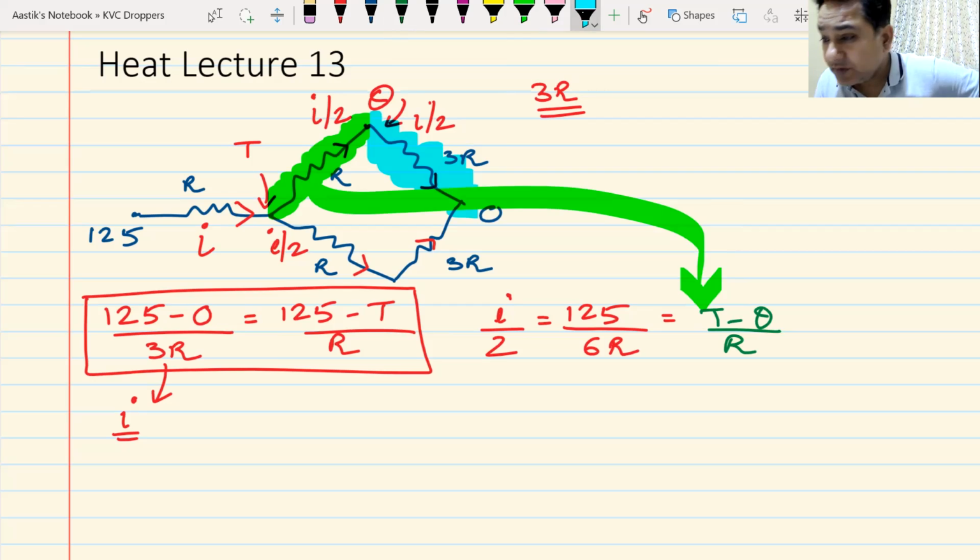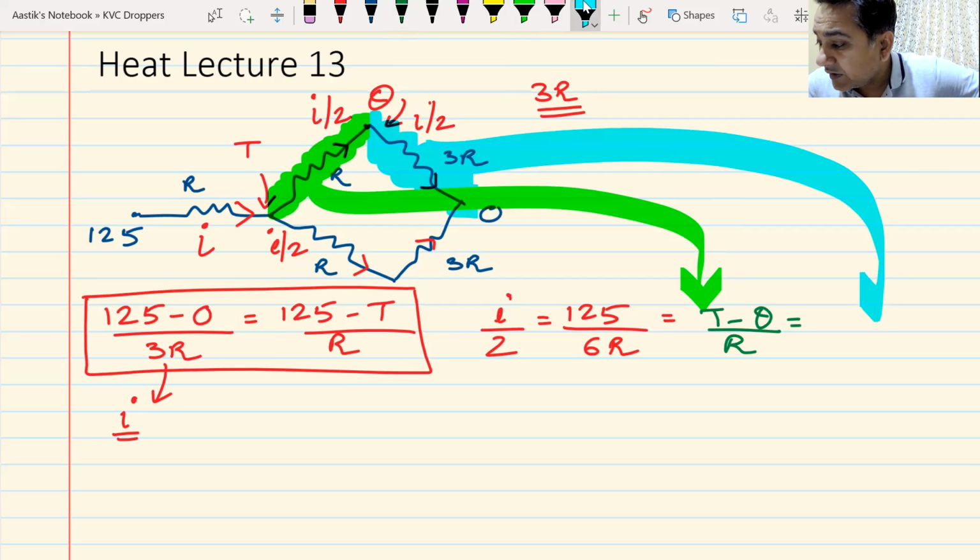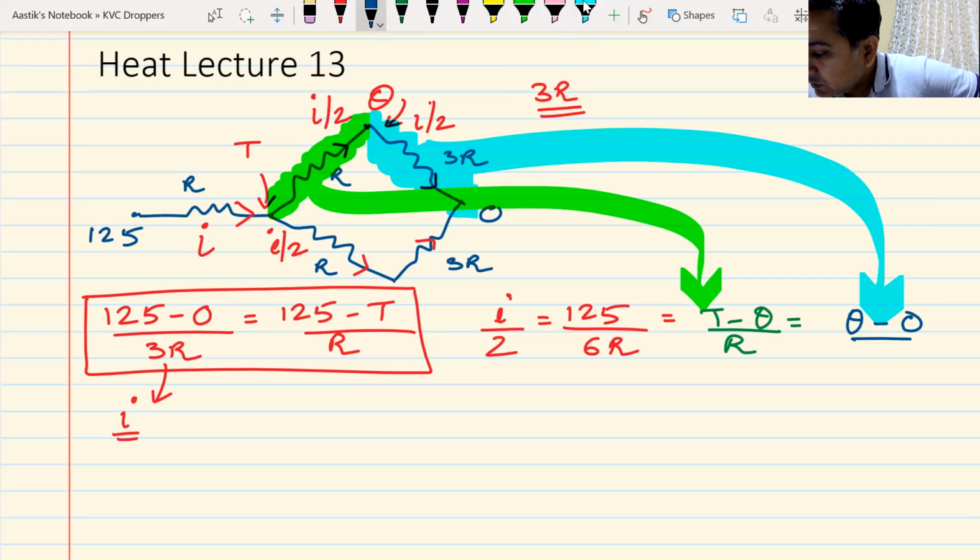If I talk about the blue path, the same thing could be written in terms of the blue path. How will I write it in terms of the blue path? Look at the blue path. I can write the same current in this way: theta minus 0 divided by 3R.